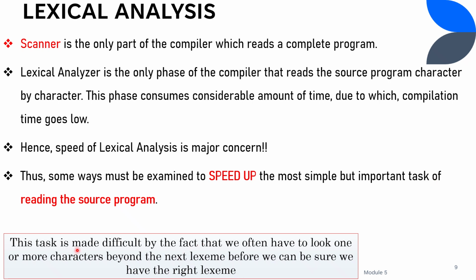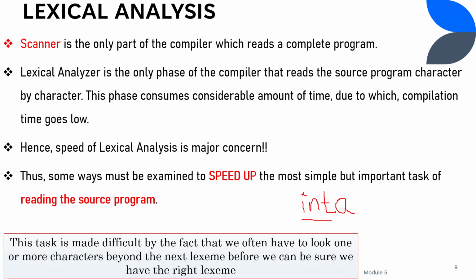This task is further made difficult by the fact that we often have to look one or more characters beyond the next lexeme before we can be sure we have the right lexeme. What do we mean by this? Say, for example, I have the keyword int and a. Now, if you observe, int is a valid lexeme and it falls under the category of keyword.